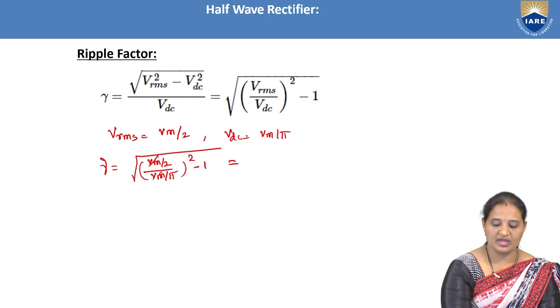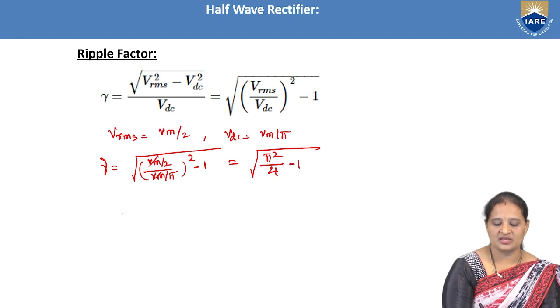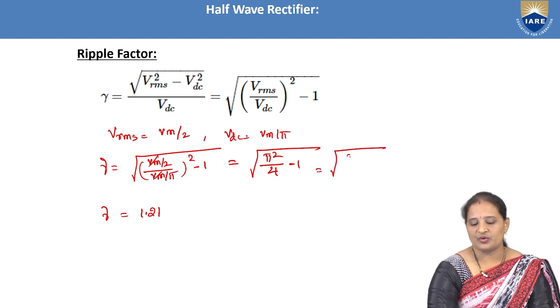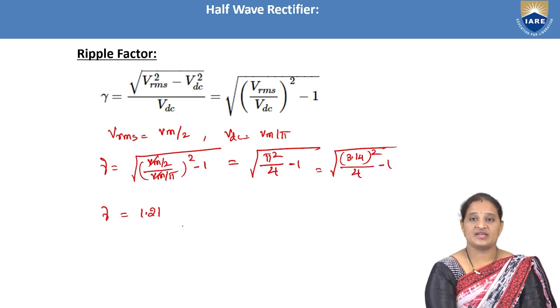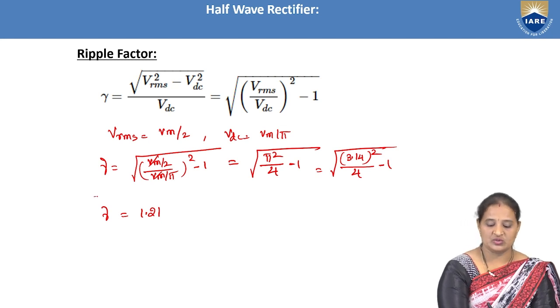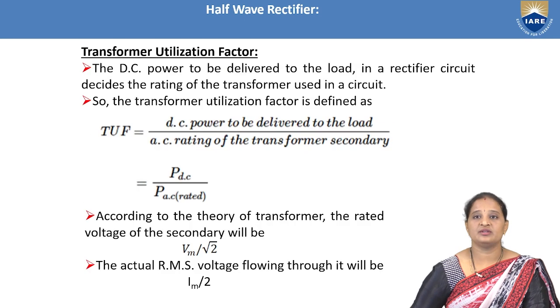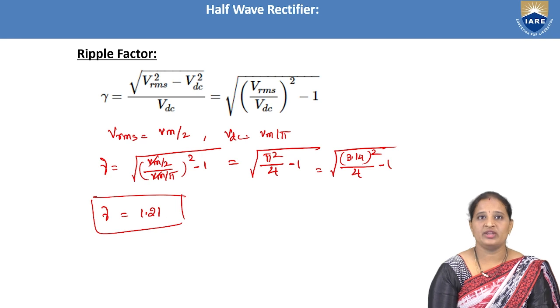So here Vm gets cancelled, giving the square root of pi square divided by 4 minus 1, which is the square root of 3.14 whole square divided by 4 minus 1, which is nothing but 1.21. So the ripple factor of the half wave rectifier is 1.21.